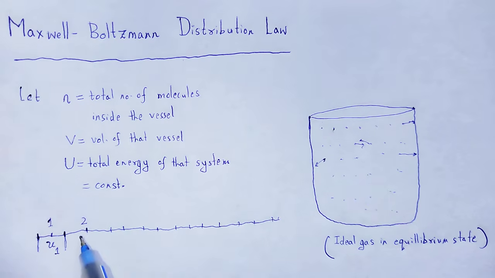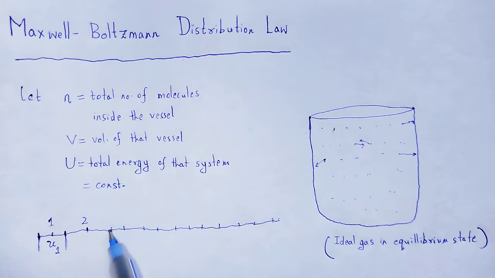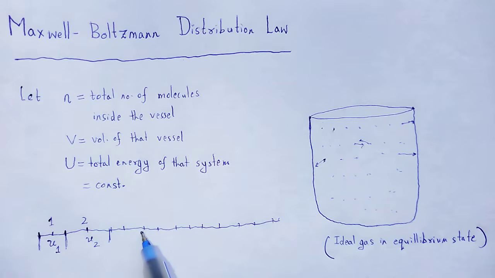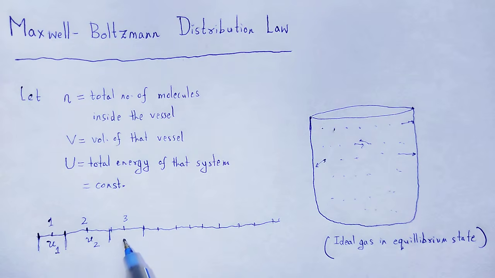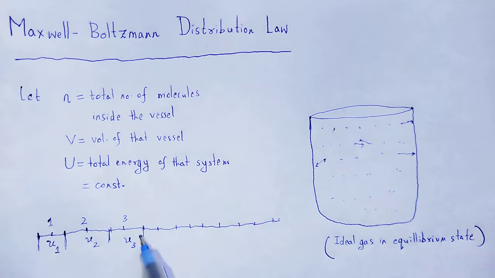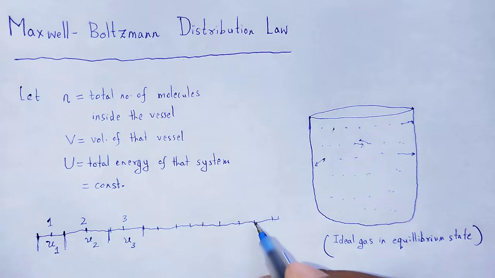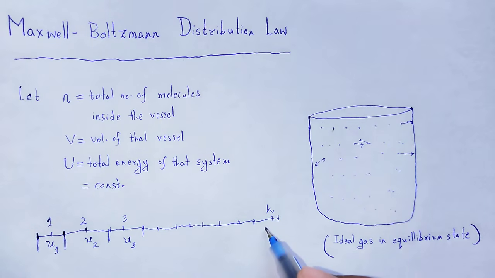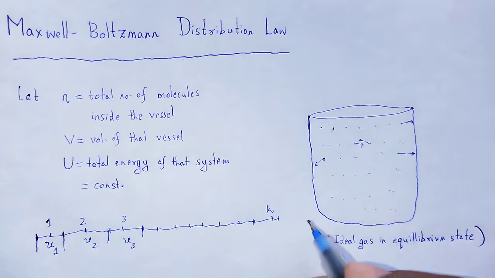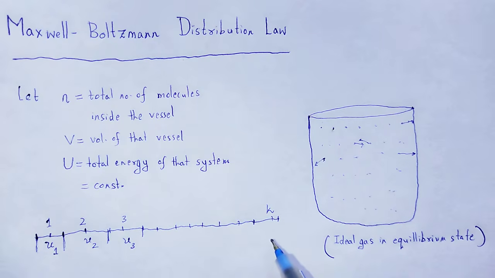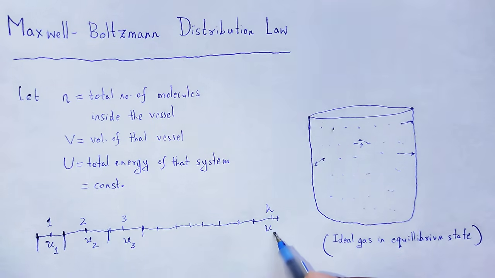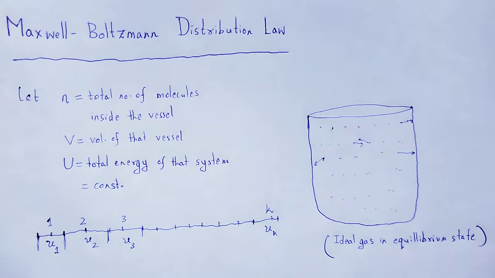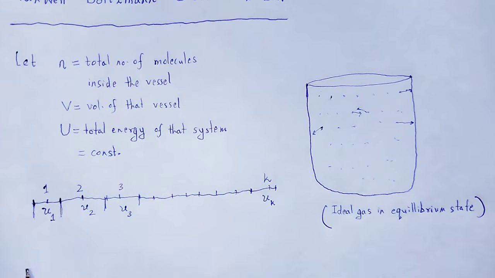This is compartment number 2, with mean energy U2, and compartment number 3 with mean energy U3. Like this it continues, so at the kth compartment, the mean energy of the molecules is Uk.